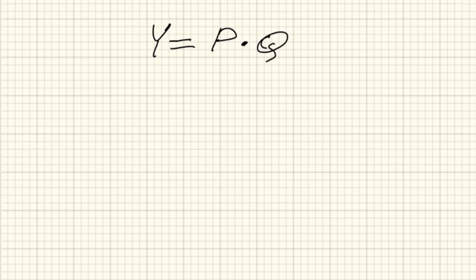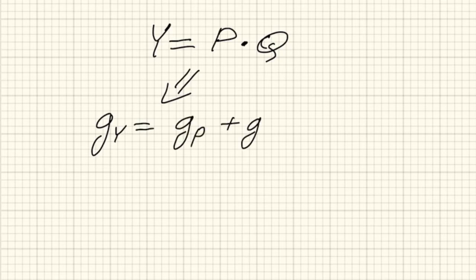So this is your nominal GDP that you are looking at. Now, based on the previous rules, we can write this out in growth rate terms. Growth rate of nominal GDP is equal to growth rate of price plus growth rate of output. That is the nominal.